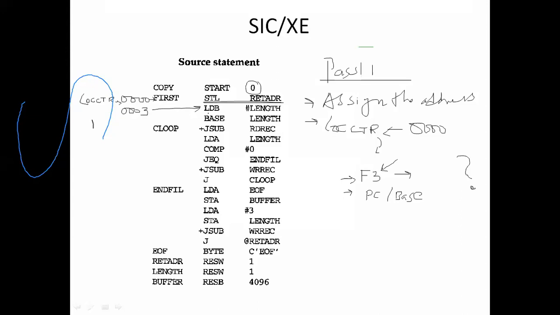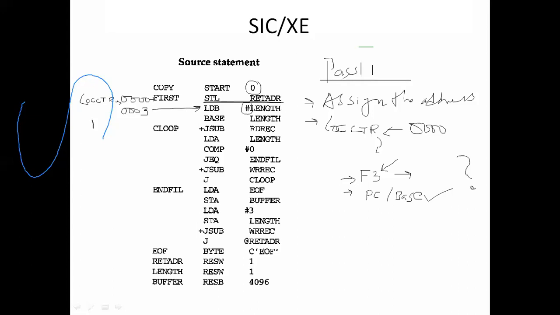Now once again, LDB #LENGTH is a format 3 instruction, but because there is a hash here, it uses an immediate addressing mode. But I'm not worried about that at this point because I'm just assigning the address. I just need to know what type of instruction it is. I will not worry about the addressing mode as of now, I'm only worried about the instruction format.